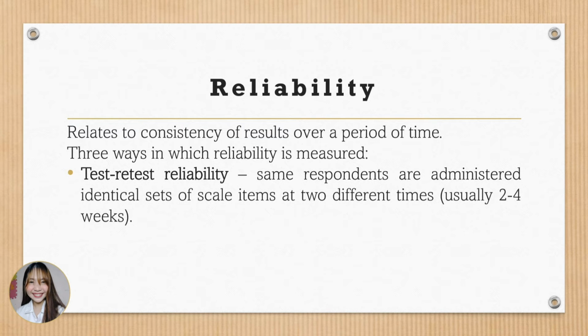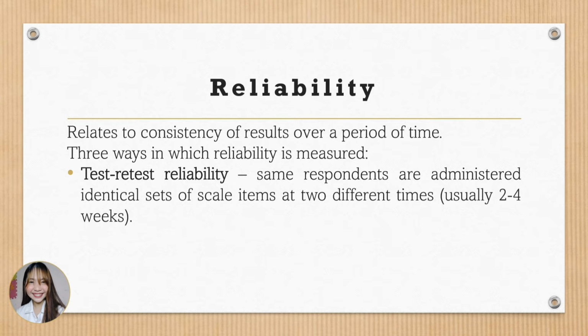As the name suggests, same respondents are administered identical sets of scale items at two different times, usually 2 to 4 weeks. The degree of similarity between the measurements, measured through correlation between both measurements, determines the reliability.